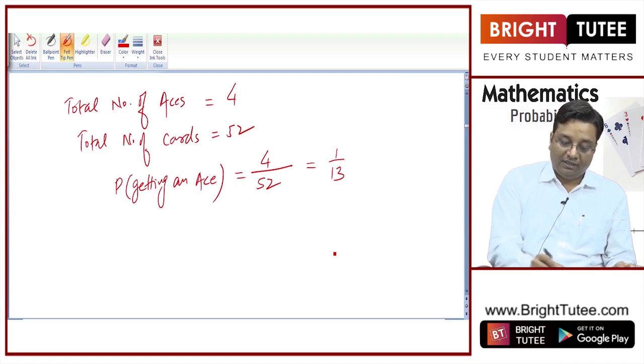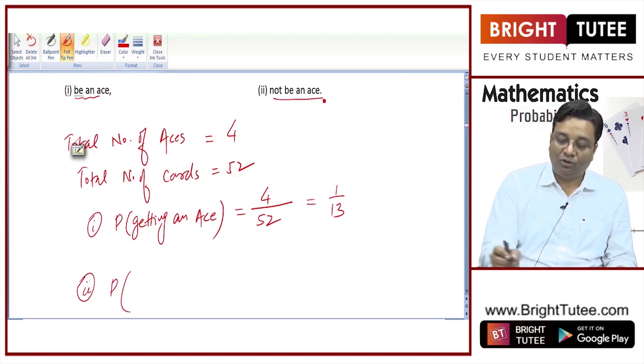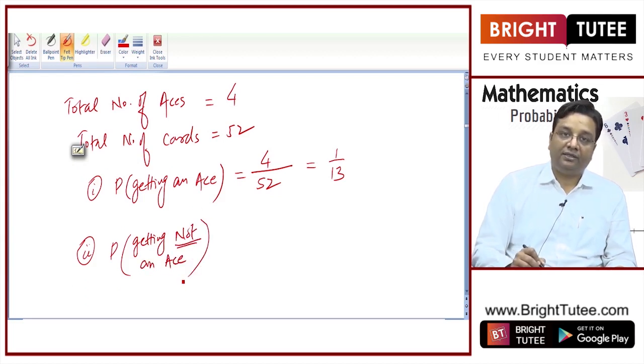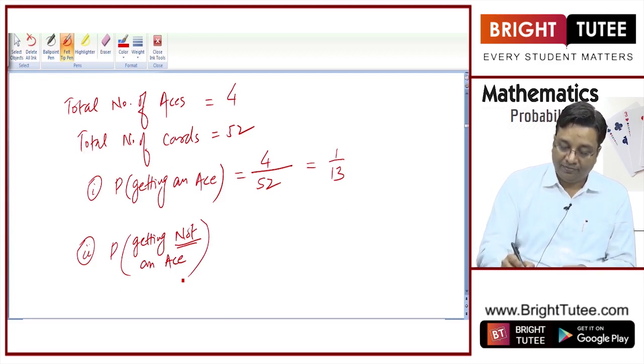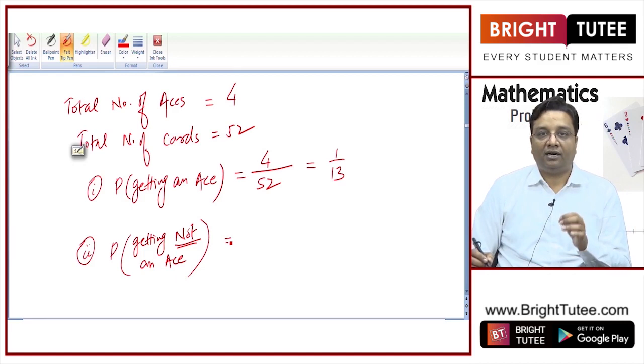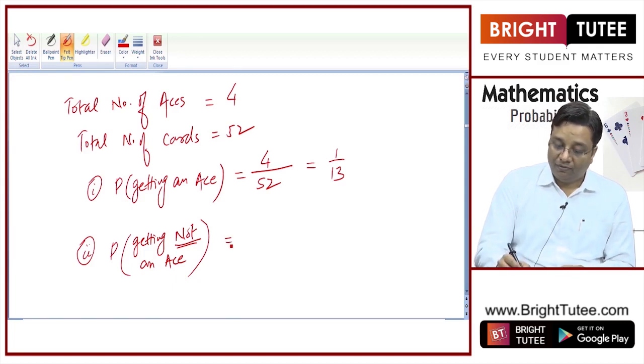Now, this was part number 1. If you talk about part number 2, it is asking for the card not to be an ace. So, when you draw a card, if it is not an ace, what will be the probability?